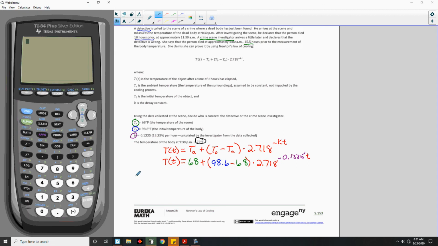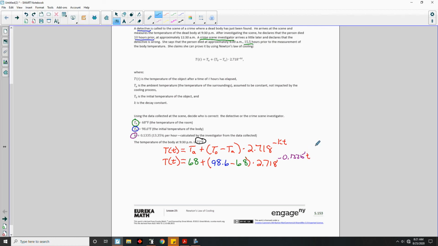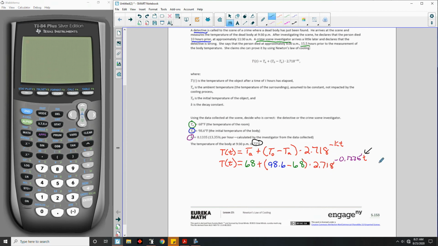So I'm going to turn the calculator on and substitute in my T. Let me minimize that so we see both. Substitute in my T to be 10 or 15.5.